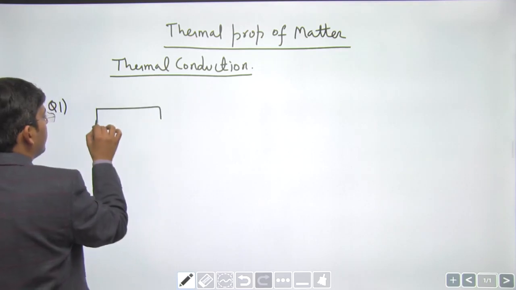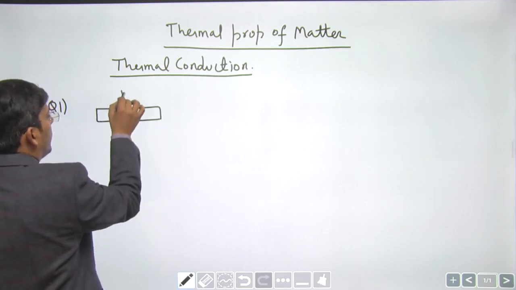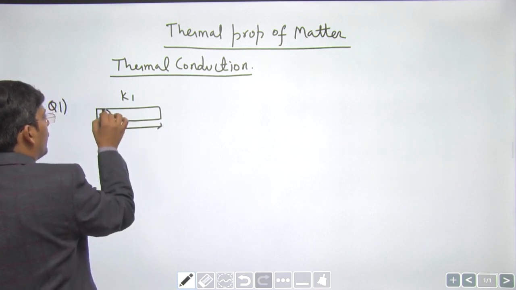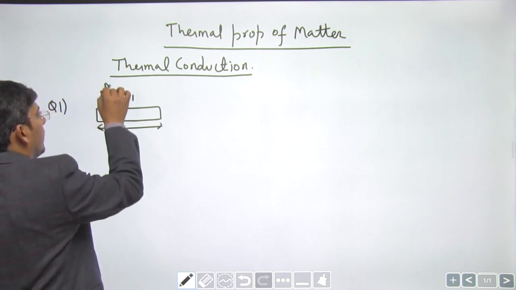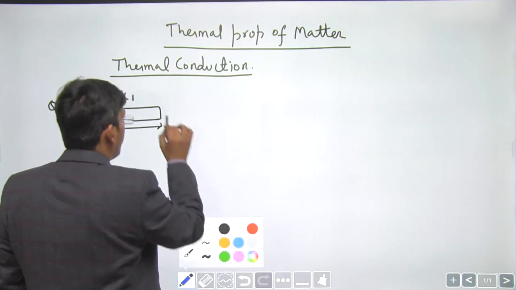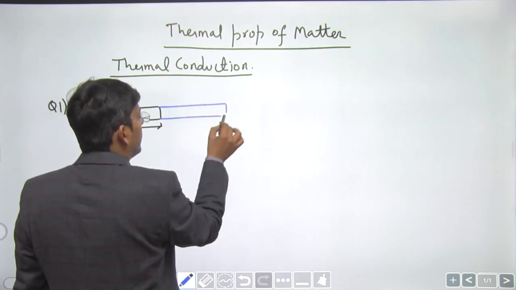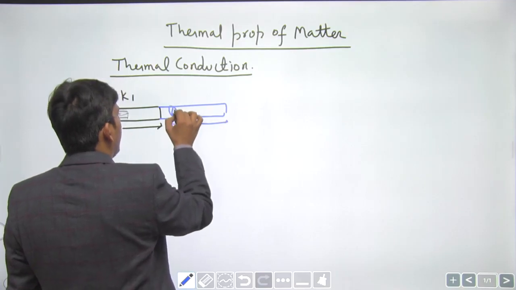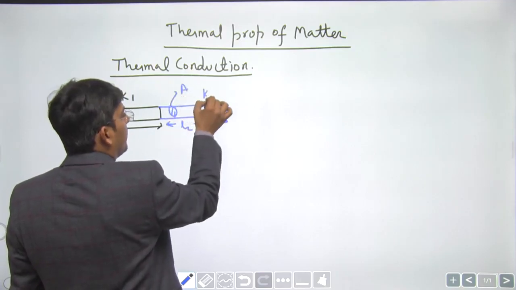Suppose you have two conducting slabs, one with conductivity K1, length L1, area of cross section A, and another with length L2, area A and conductivity K2.